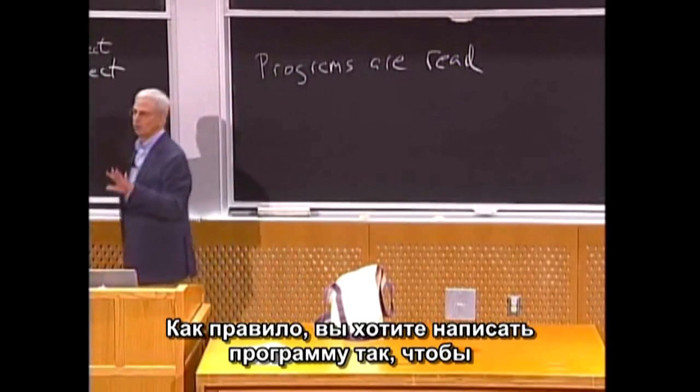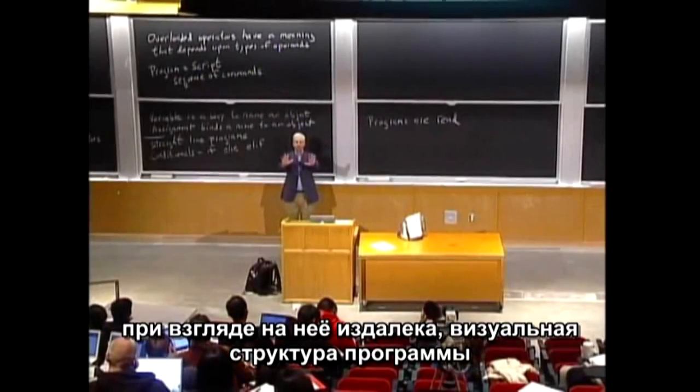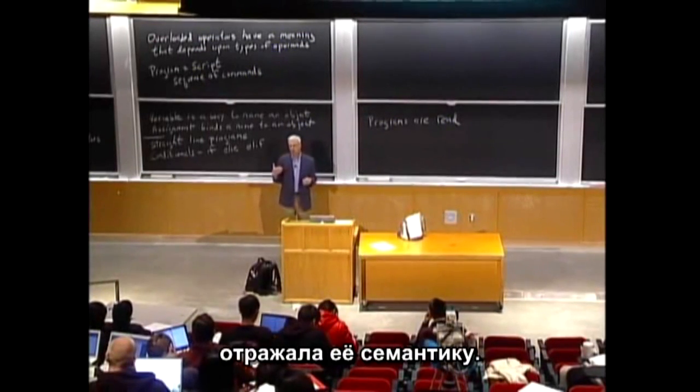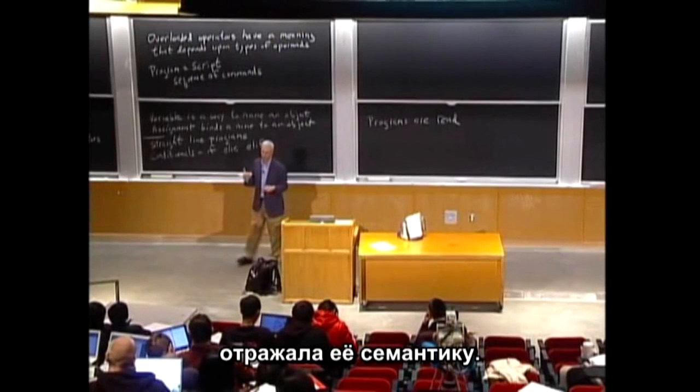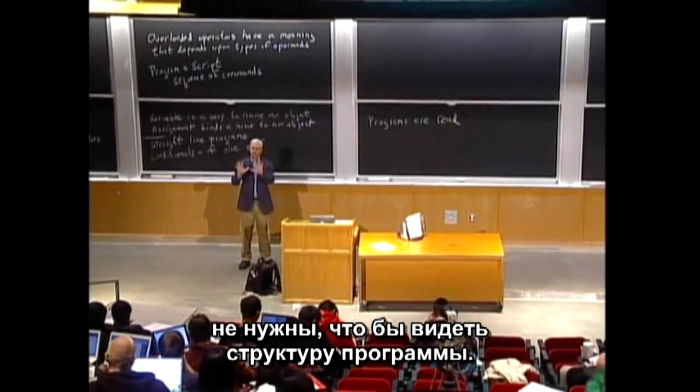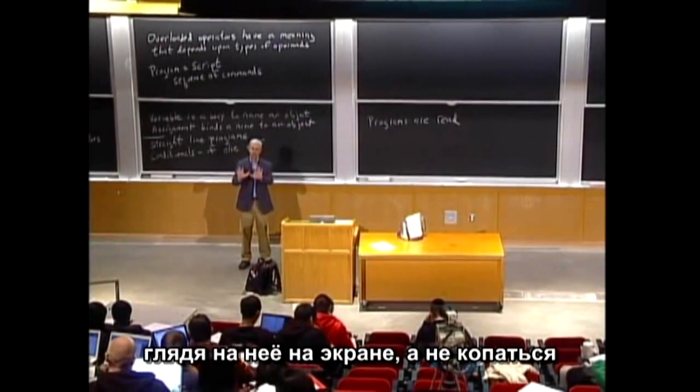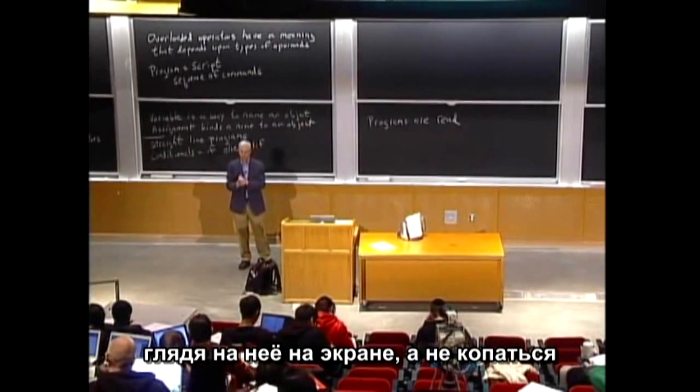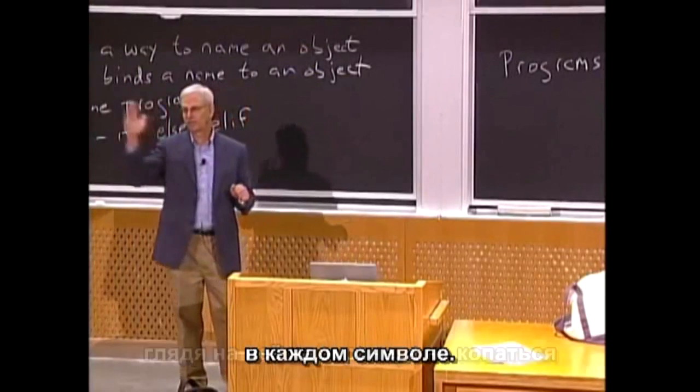Typically, you want to write your program so that if you look at it from a distance, the visual structure of the program reflects the semantics of the program. And that's why people use indentation when they don't need to, so that you can see the structure of the program by looking at it on your screen and not having to parse each symbol.